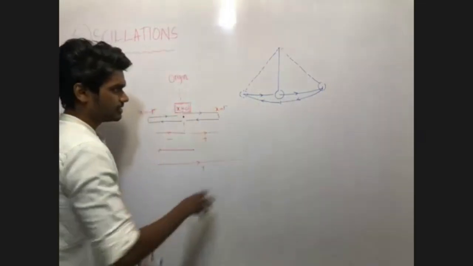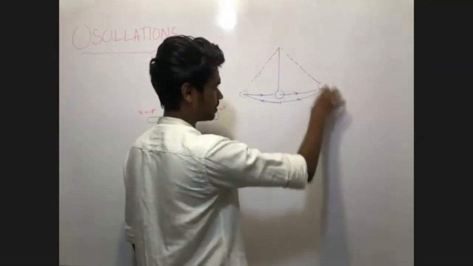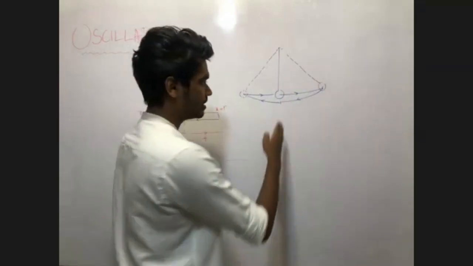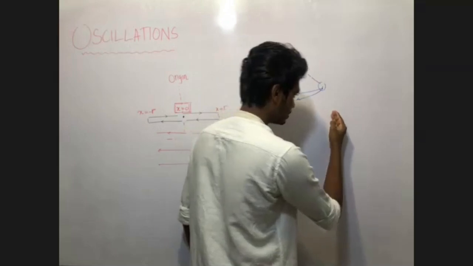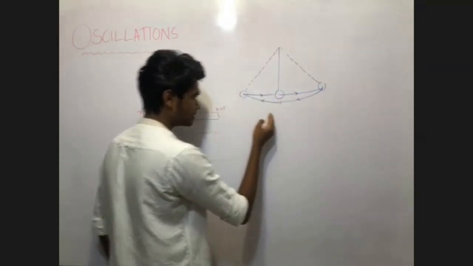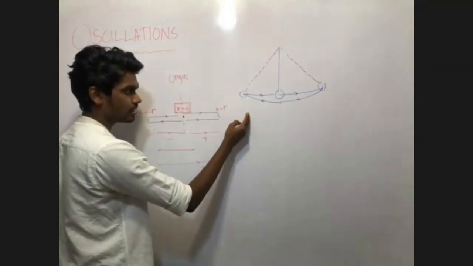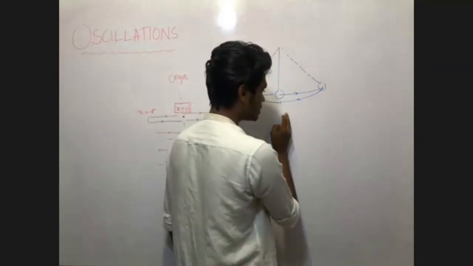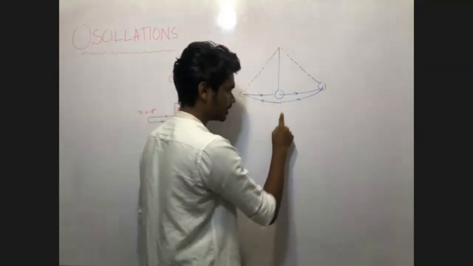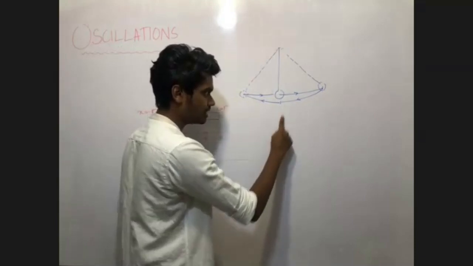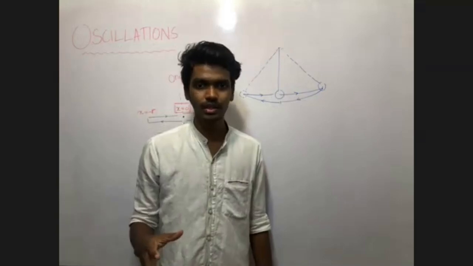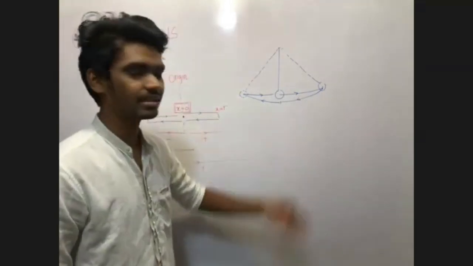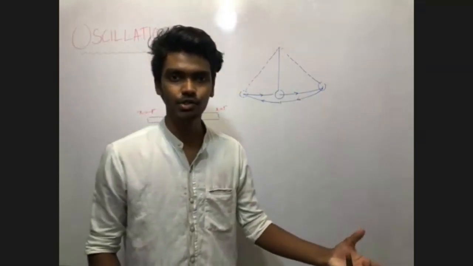It's a very simple oscillation. It moves r distance to the right, returns back, moves r distance to the left, and returns to the center point, the mean position, within equal time intervals.